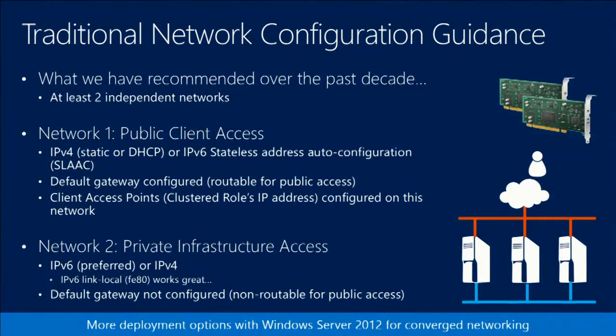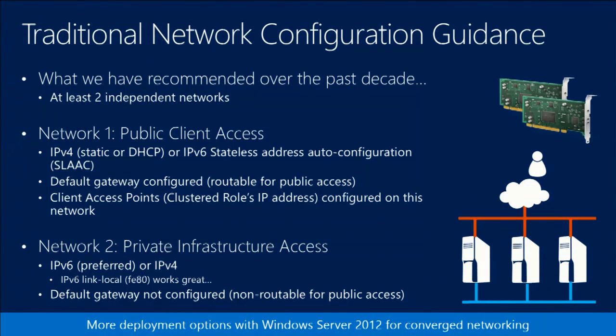So just as a side note, the way cluster identifies a public versus a private network is simple: if you have a public gateway configured on that particular network, it's considered public. If you don't have a gateway configured, by default out of the box, cluster considers it a private network.